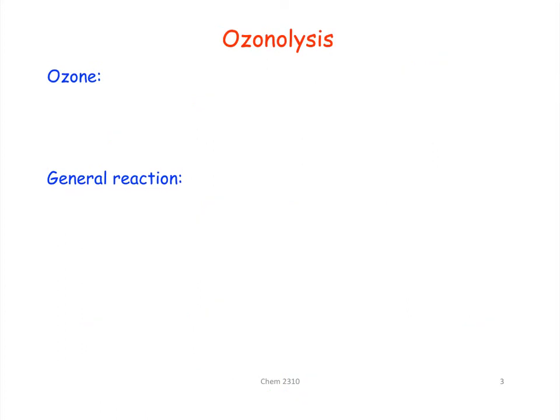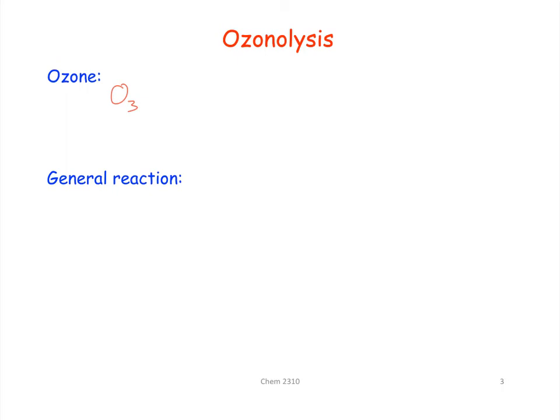The next reaction is going to be the reaction of an alkene with ozone. Okay, so let's think about just the structure of ozone first. So ozone is O3. Alright, so let's draw out a Lewis structure for ozone.